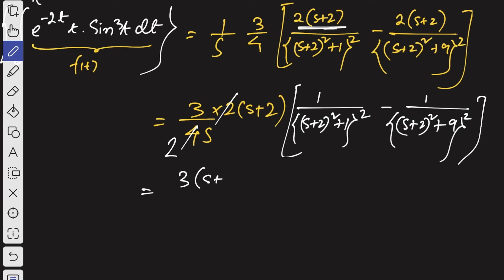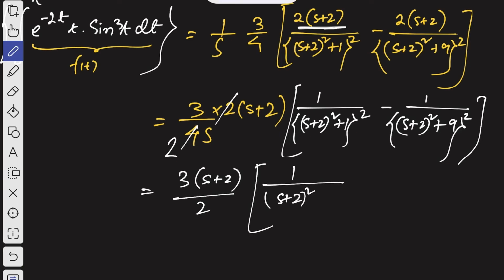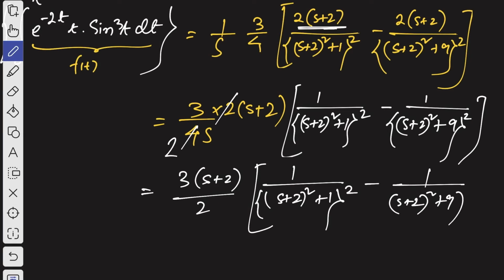So our final result is 3 into s plus 2 by 2 s, times 1 by s plus 2 whole square plus 1, then again whole square, minus 1 by s plus 2 whole square plus 9, then again whole square, right?